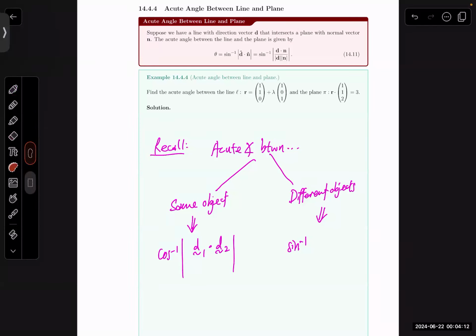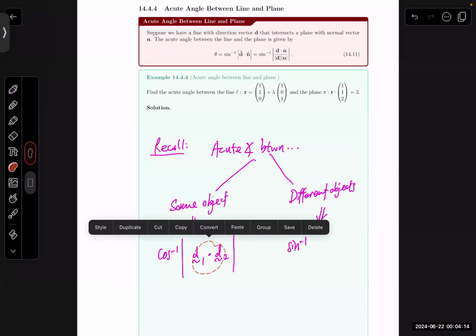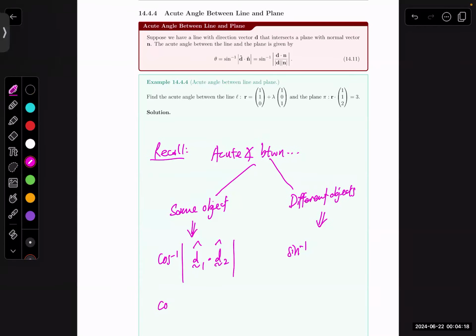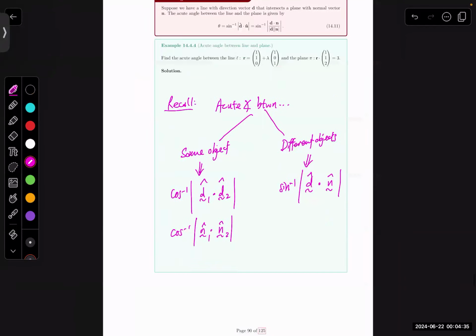I'll just write it as a hat. Direction, or normal. If it's different objects, then it should be D hat and n hat. So again, done. Let's go.